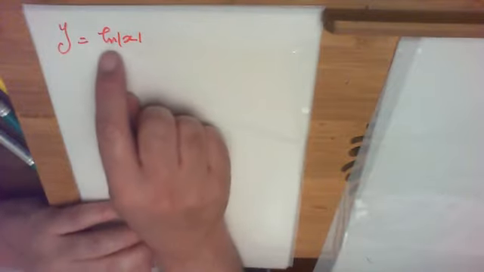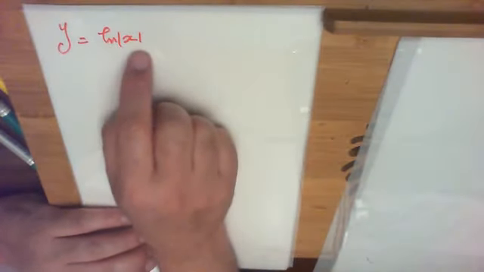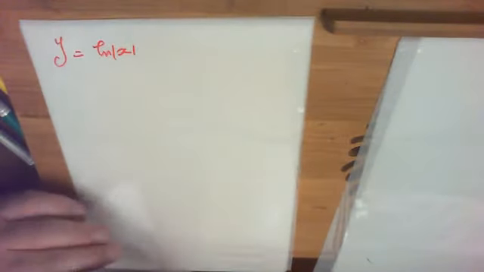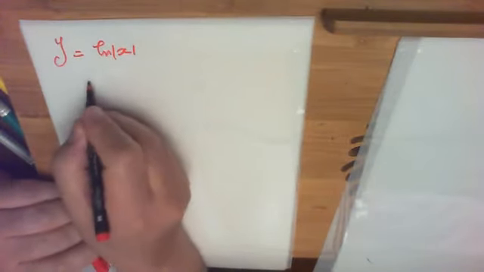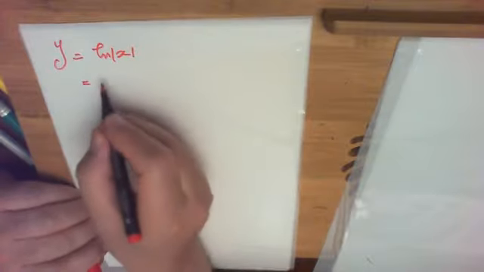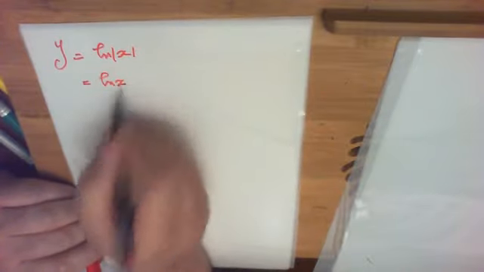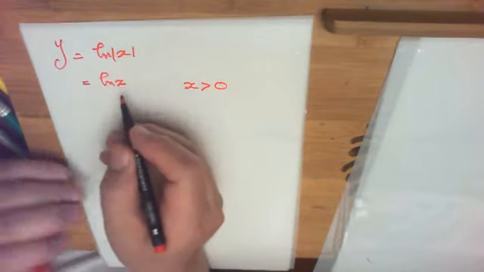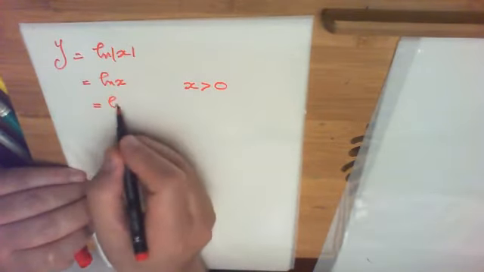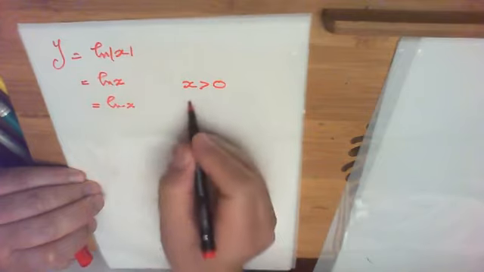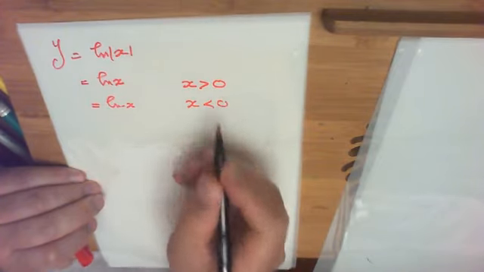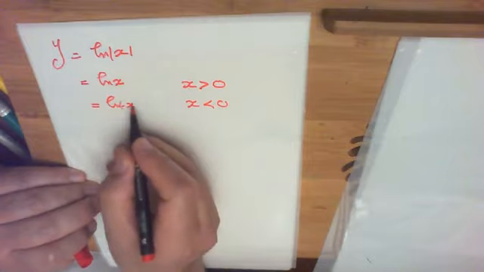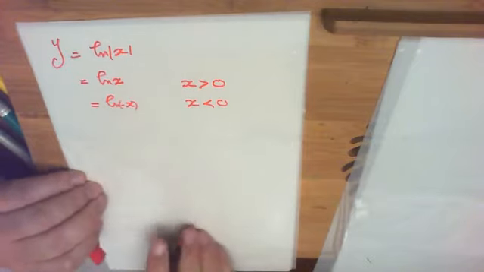Now, the argument of ln x is absolute value of x, so it is always positive. This function can be redefined as follows: ln x if x greater than 0, so where x is positive, and ln minus x if x less than 0. Why? When x is less than 0 means negative. Negative with negative will give you a positive argument.